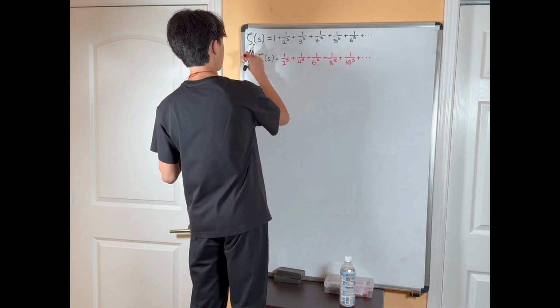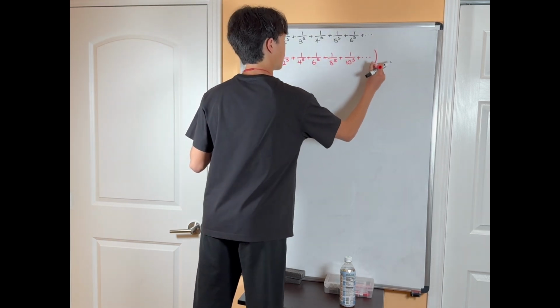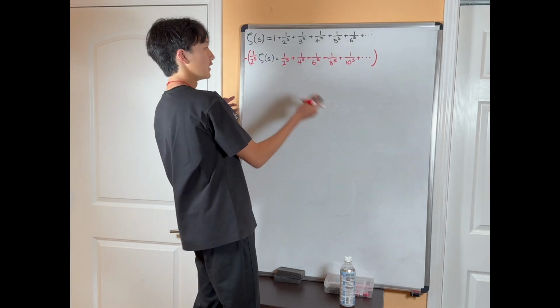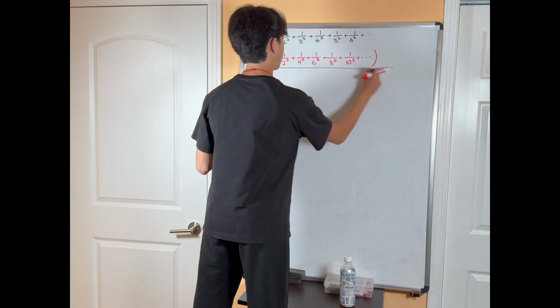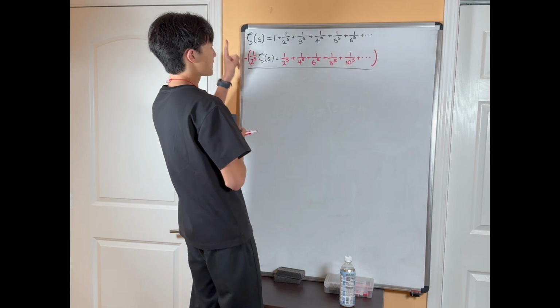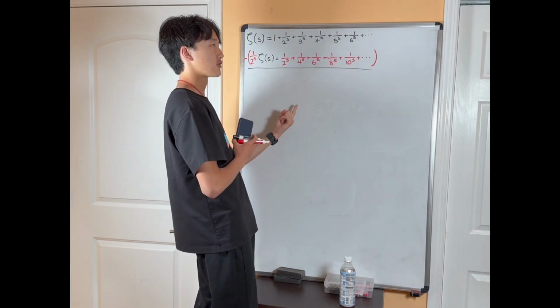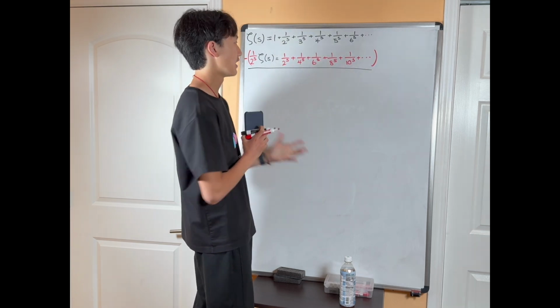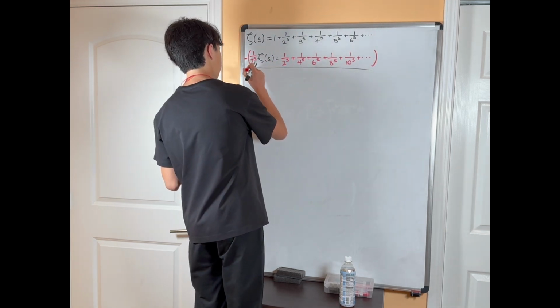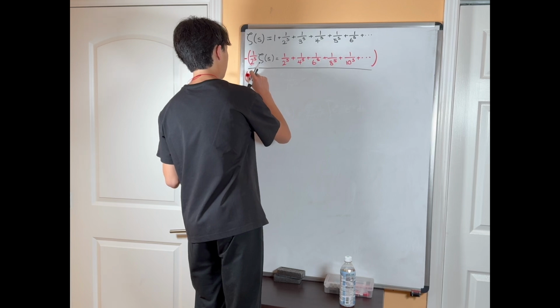Well, if I draw a minus sign and then parentheses, what we get is, on this side, one of these minus 1 over 2 to the s of these is just 1 minus 1 over 2 to the s of these. So that's just another way of saying you can write the left-hand side like this.